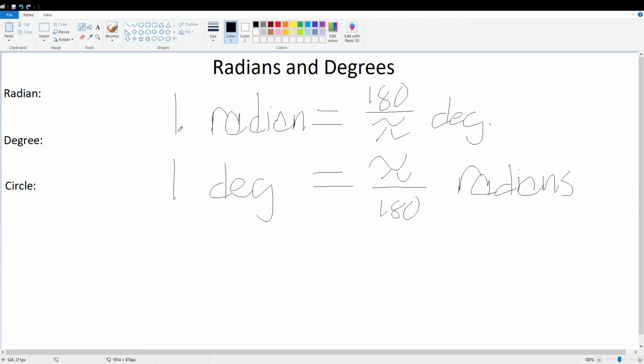Keep this in mind: if you're going to convert from radians to degrees, you would use this one, and if you're converting from degrees to radians, you would use pi over 180. That's a 1, by the way.